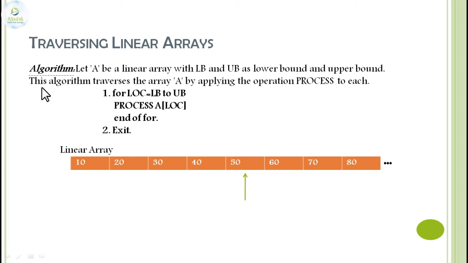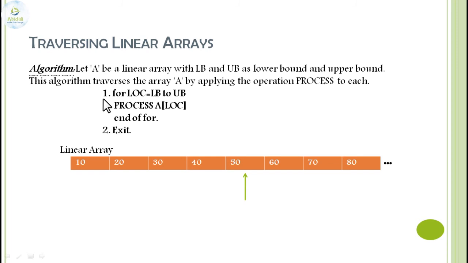Next you will say what this algorithm will do. This algorithm traverses the array called A. It is traversing the linear array called A by applying an operation. The name of the operation that we apply is process, to each element.